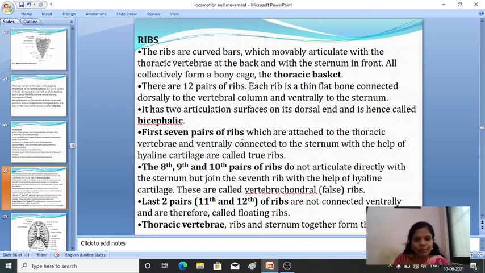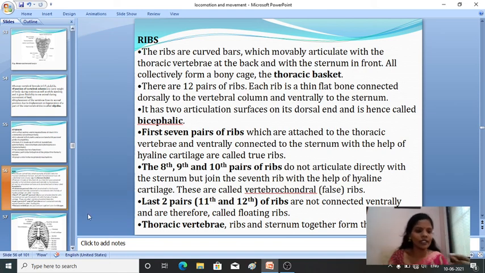The first 7 pairs of ribs are called true ribs. In total there are 12 pairs of ribs. Ribs are generally flat, connected dorsally to the vertebral column and ventrally to the sternum.